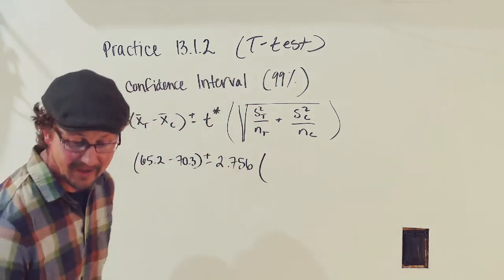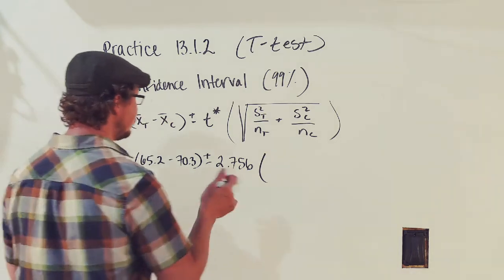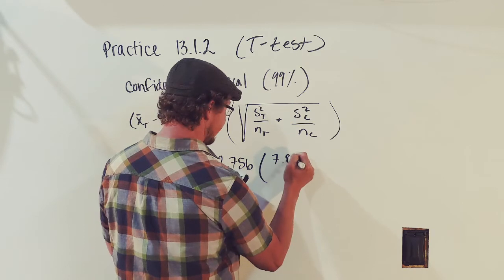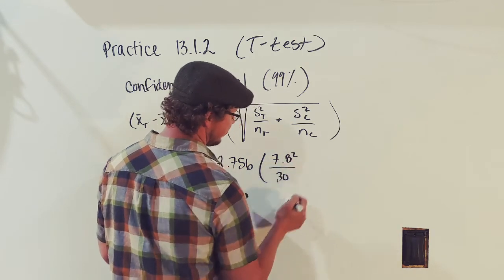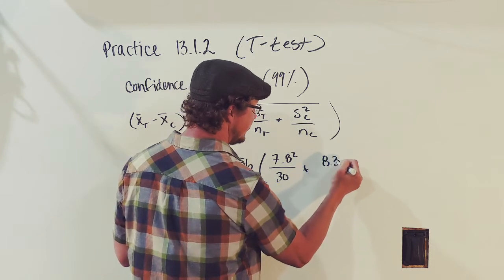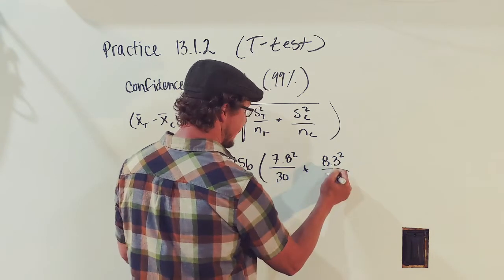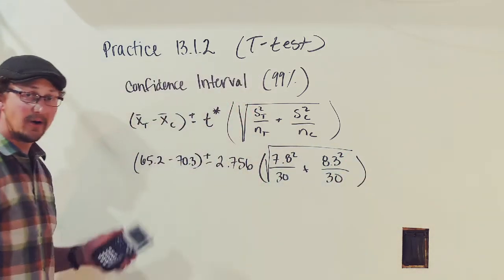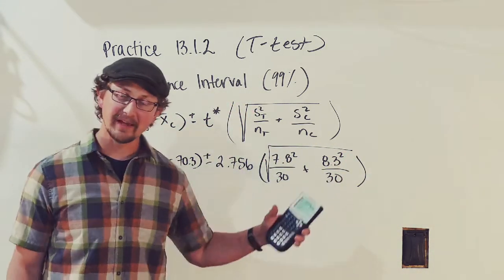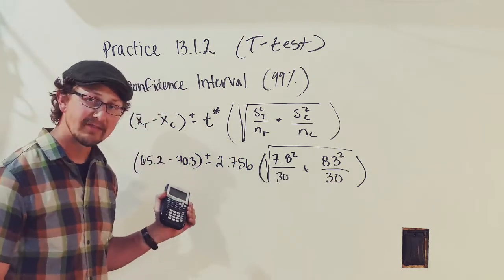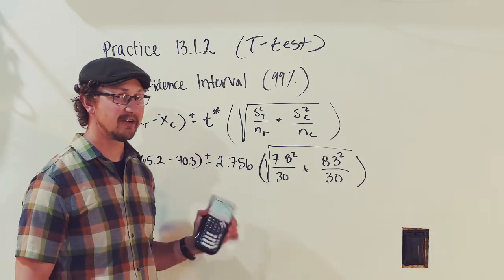I'm going to drop in some of these values as well. Standard deviation of my treatment was 7.8 squared over my sample size of 30 plus 8.3 squared over my sample size of 30 for the control. I'm rooting it all, and there we go. Now I'm not going to try to put this into my calculator and have it crunch the numbers for me. It's a lot of opportunities for order of operations there.